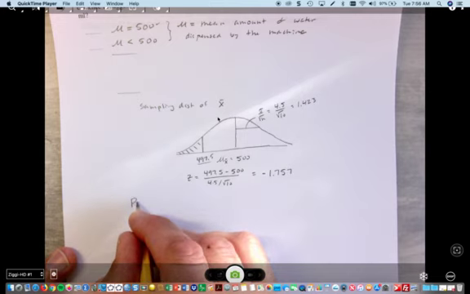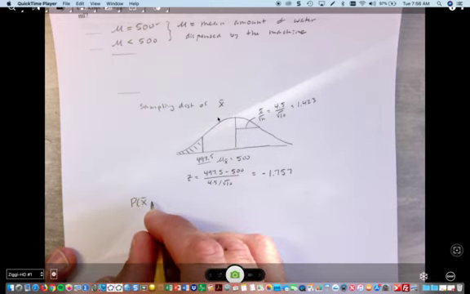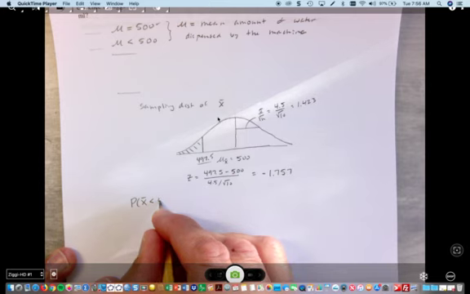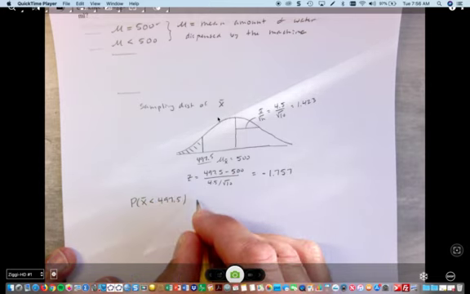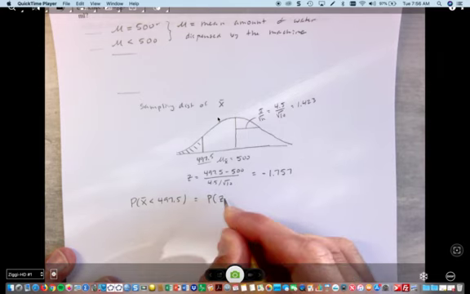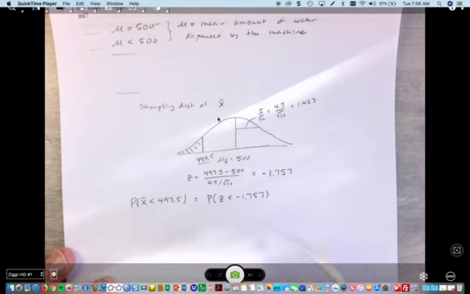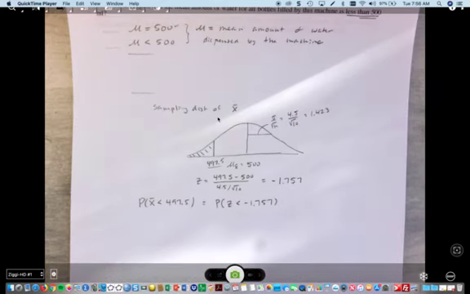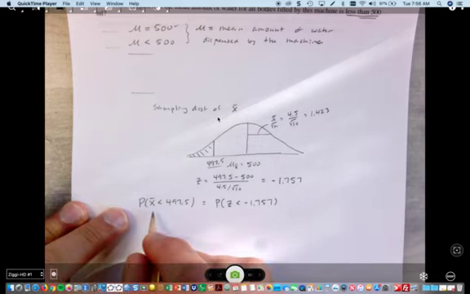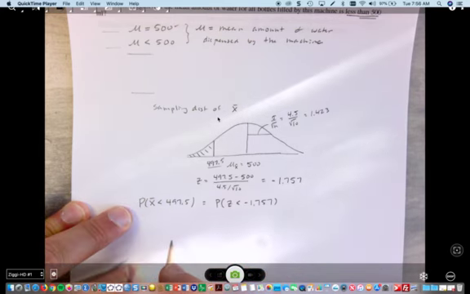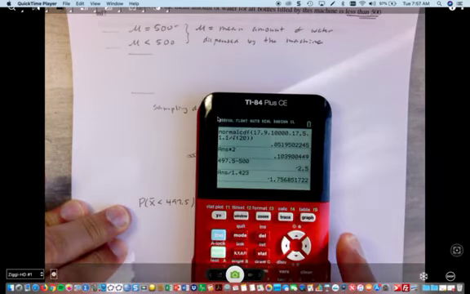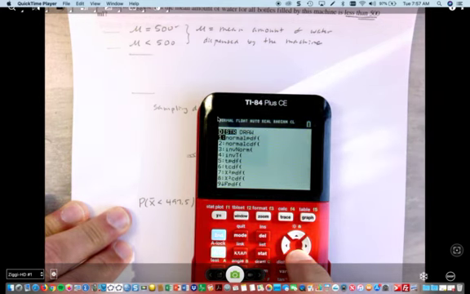So I want to know how unusual that is. I want to calculate the probability of getting a sample mean that is less than 497.5. You can also say this is the probability of getting a z-score that is less than negative 1.757. These two should give me the same number. When I calculate the probability that x bar is less than 497.5, this is just going to be a normal CDF. We're going from a lower bound.